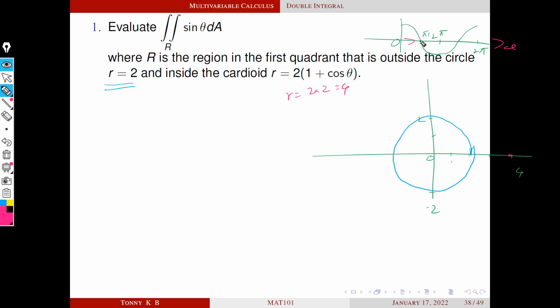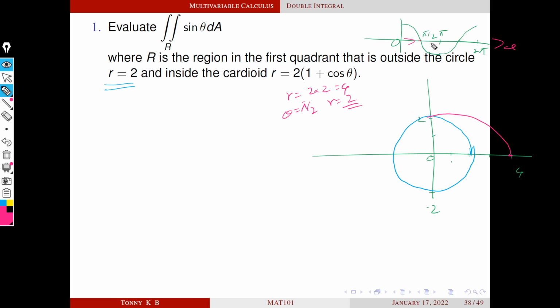Our cos theta is decreasing, so 1 plus cos theta is also decreasing, 2 times 1 plus cos theta is also decreasing, r is also decreasing. And what is the value of cos theta when theta equal to pi by 2? Cos theta equal to 0. So when theta equal to pi by 2, r equal to 2, right? So the radius is continuously decreasing and reaches the point 2.